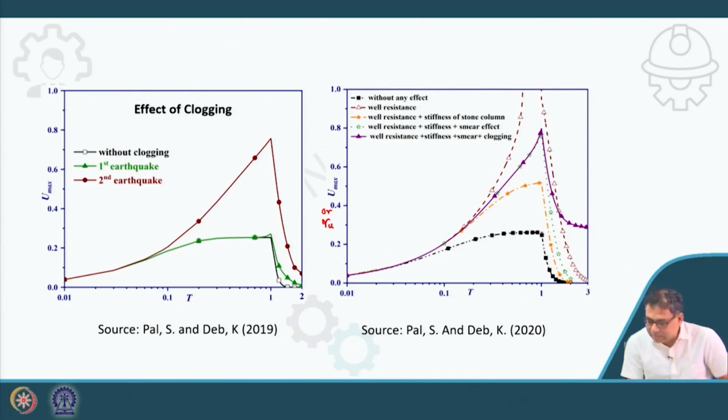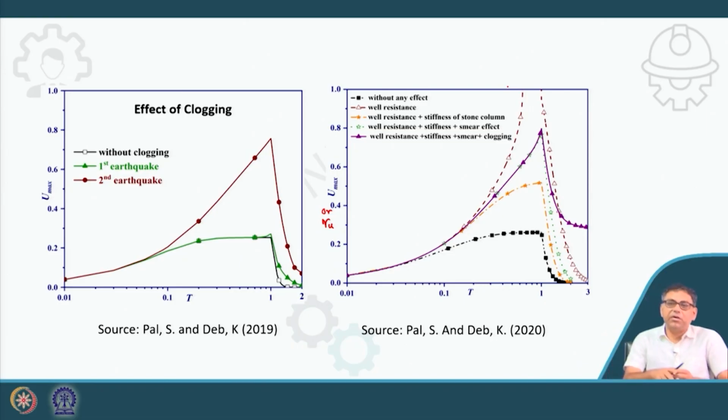Then you can see the same analysis. Here the RU value is only 0.2. That means there is no possibility of liquefaction or initiation of liquefaction. But if I consider a finite permeability, then you can see the same analysis will go to 1 or greater than that. That means liquefaction has been initiated.